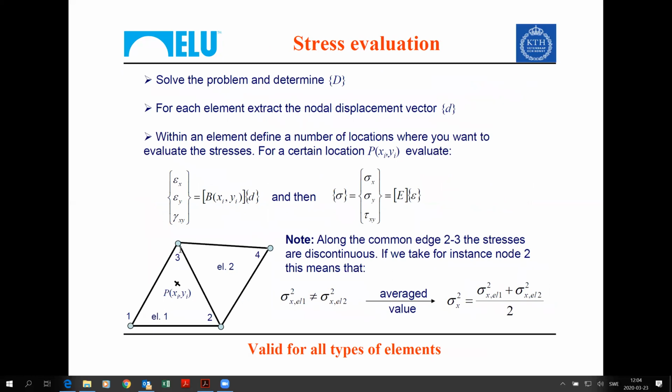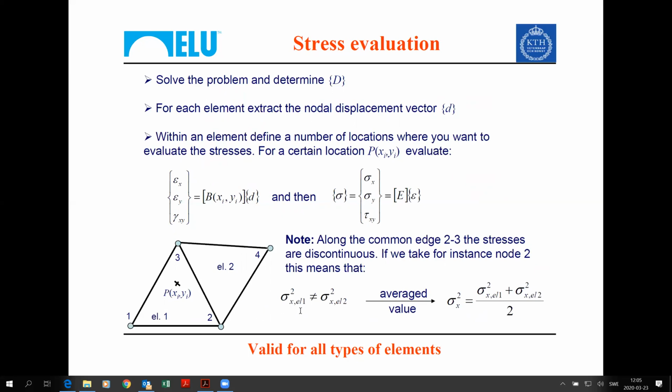What we should note here is that along the edge 2, 3 in this arrangement, the strains and consequently the stresses are discontinuous. Which actually means that if we take, for instance, node 2, and we use element 1 to determine the stresses in node 2, and then we look at the same node, but this time we use element 2 to determine the stresses at node 2, the two results should be equal, where they are not.